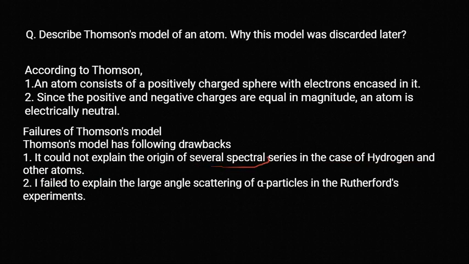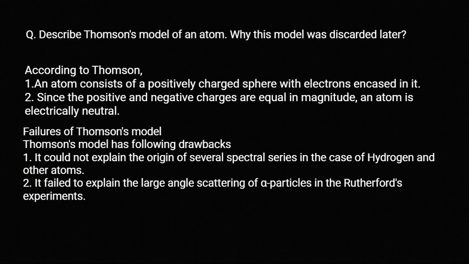Let's skip these spectral lines for now; we will discuss them in more detail in the upcoming classes. Let's go to point number 2. It failed to explain the large angle scattering of alpha particles in Rutherford's experiment.